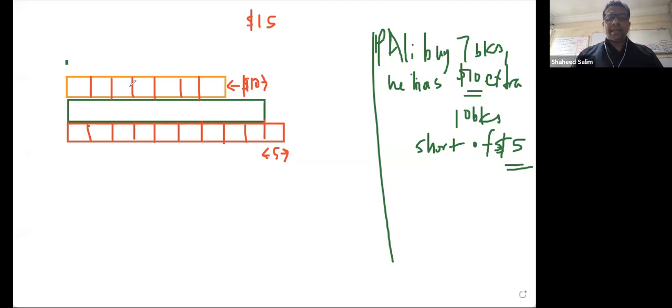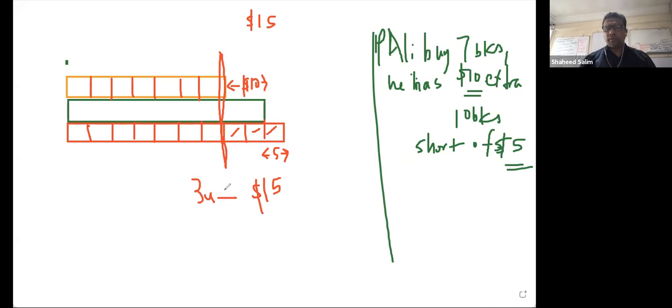This one, if he buys 7 books, he got $10 extra. If he buys 10 books, he is $5 short. So I cut on here. 10 plus 5, 15. $15 is equals to how many units? 1, 2, 3. 3 units, 15. 1 unit is 5.